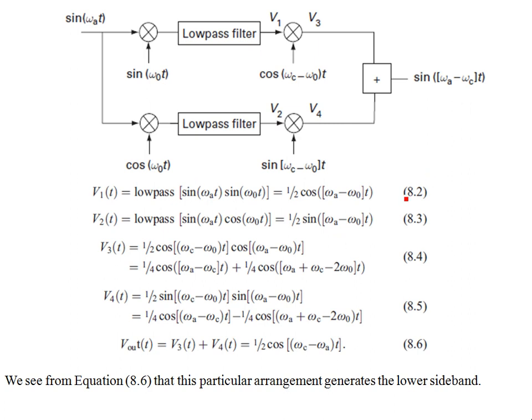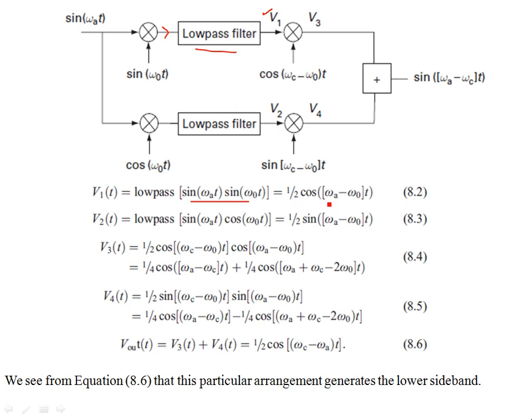So analytically, these equations are given in chapter 8 of Hagen. If you see at this node, V1 is the low pass operation on sine omega A t and sine omega naught t. That's the output of the mixer, and this goes to the low pass filter, and that's your V1 over here. Okay, so V1 is going to select the frequency component that is in the passband of the low pass.